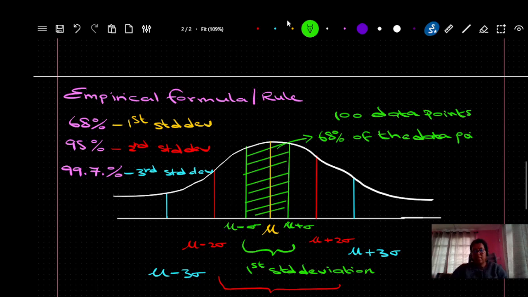So meaning that if we have 100 data points, 68 data points lie within this area. Okay, 68 data points lie within this area. This is the 68%.